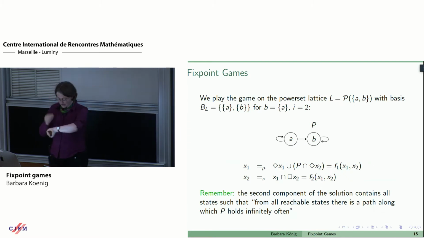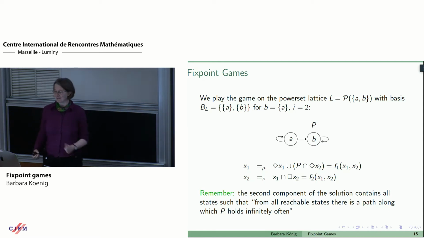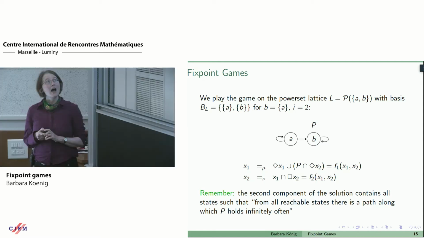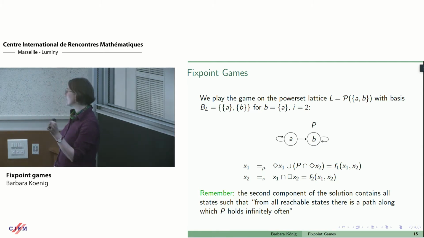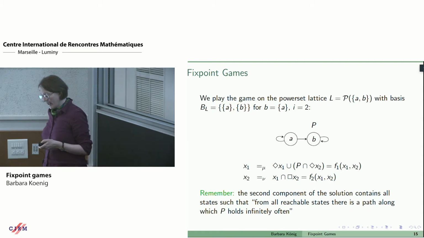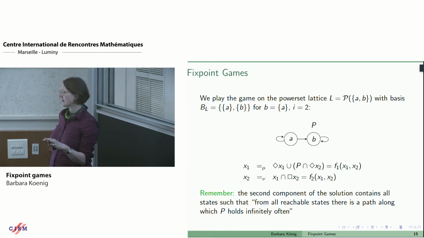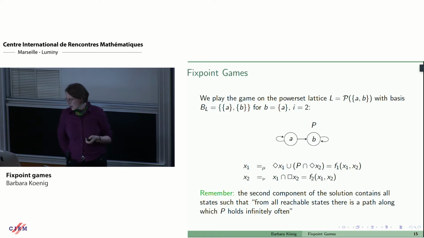Okay, so now I wanted to play a bit with you, but let's first explain what we have to do. Let's do this mu calculus example. It's just a powerset lattice, but I think it's easy to figure out what this game is about. The game that you get is just a parity game, but the construction is slightly different than the one given in the literature for the mu calculus. But in the end, you get more or less the same thing. So the lattice is the powerset lattice of {A, B}, these are the two states.